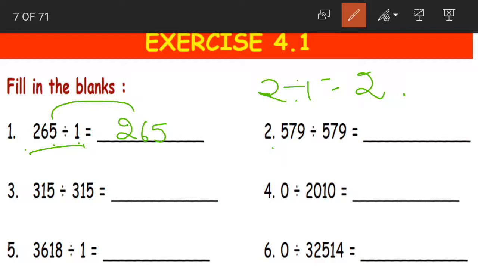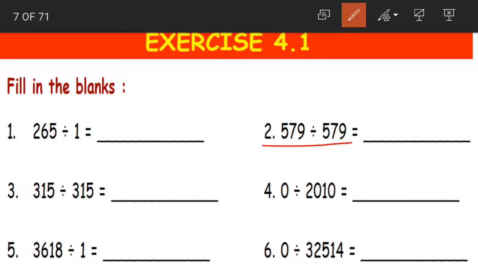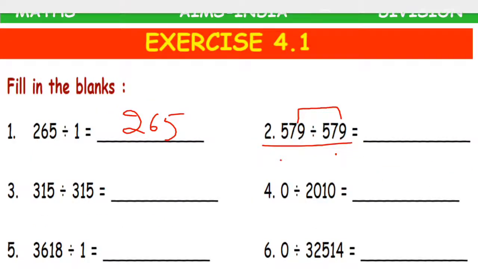Yes. Coming to question number 2. 579 divided by 579 is equal to dash. Now when we divide a number by itself, by the same number, then the answer will be what? Equal to 1 only.